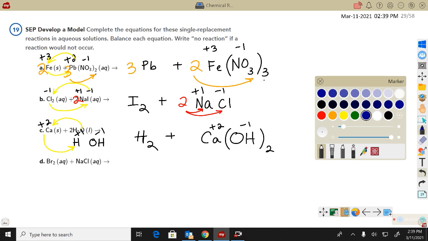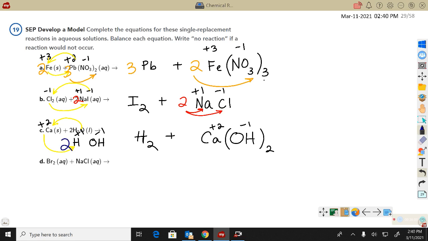The calcium's all good, but on the product side, there's 2 hydrogen and 2 hydroxide. Well, then we can just put the 2 right here. That gives me the 2 hydrogen that end up here, and the 2 hydroxide that end up over there, bonded with the calcium. And there we got it. There should be bubbles of hydrogen gas and calcium hydroxide produced.